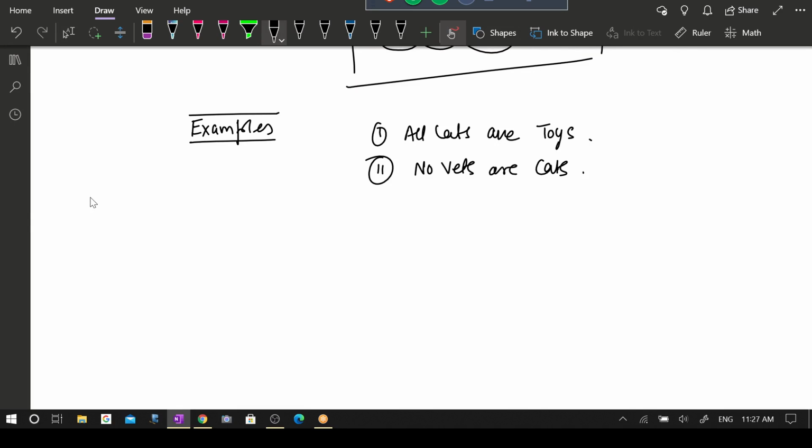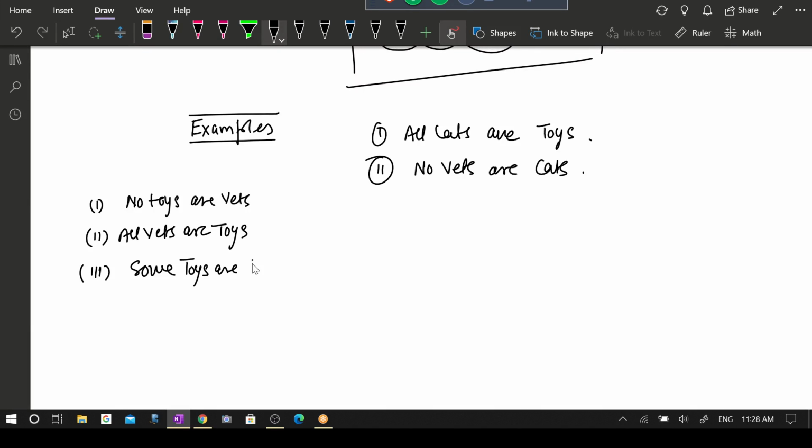Conclusion 1 is no toys are vets. Conclusion 2, all vets are toys. Conclusion 3, some toys are vets. Conclusion 4, some vets are not toys.